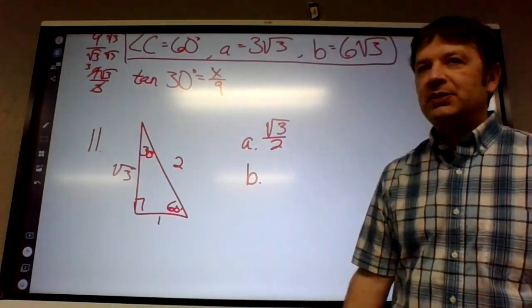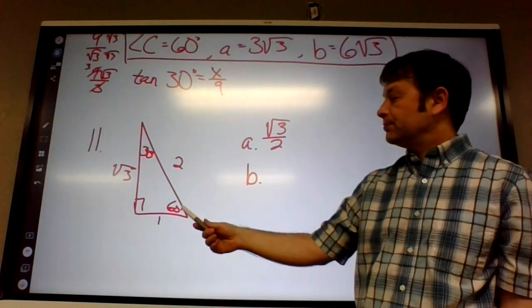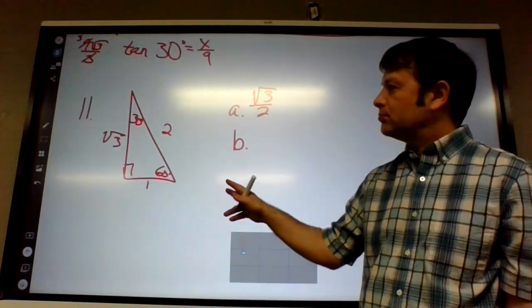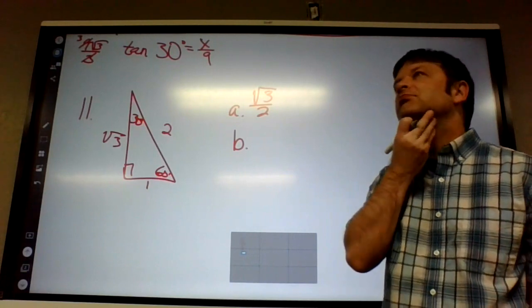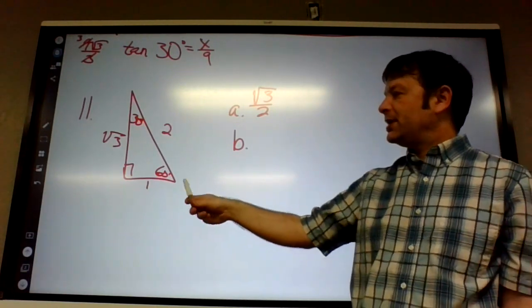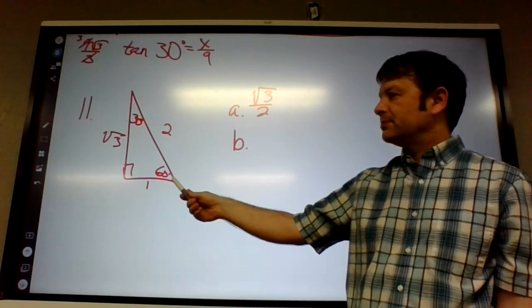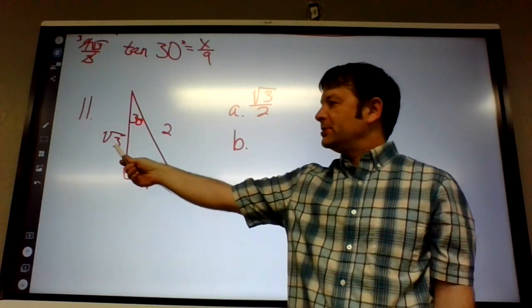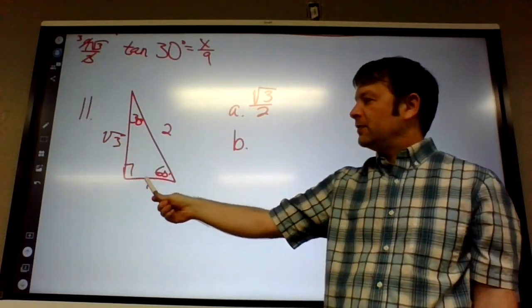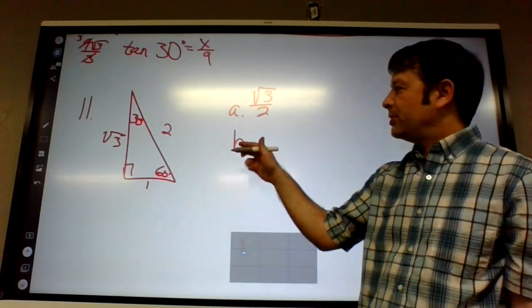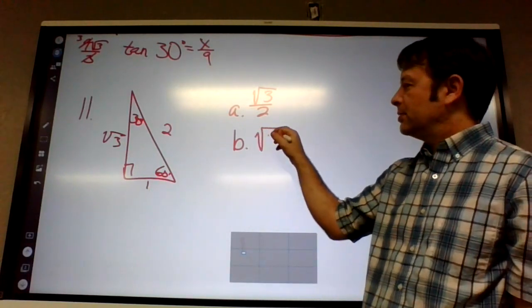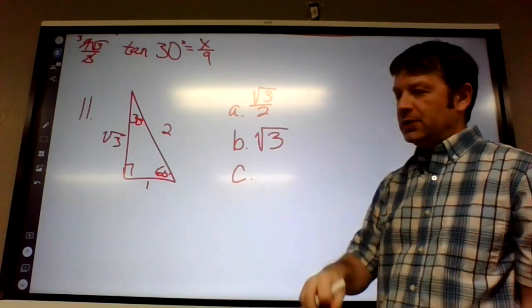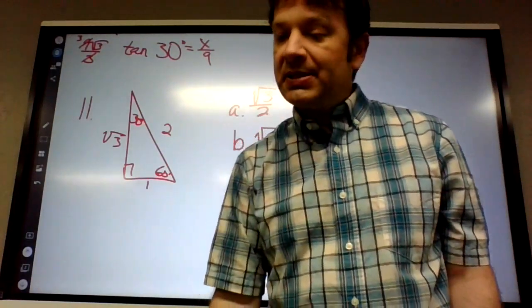Tangent of 60. So what's tangent supposed to tell us? Opposite over adjacent. So square root of 3 over 1, or square root of 3. And then C says sine of 45.